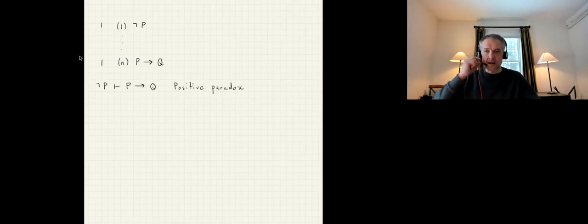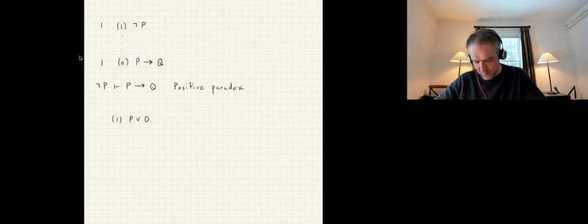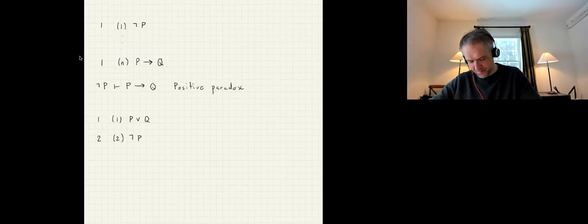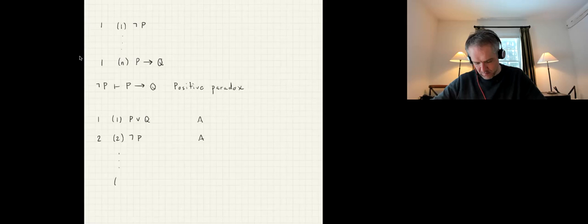Okay, and one last such example, we also know that if you start with premises P or Q and not P, then after some work, you can derive Q, depending just on 1 and 2.